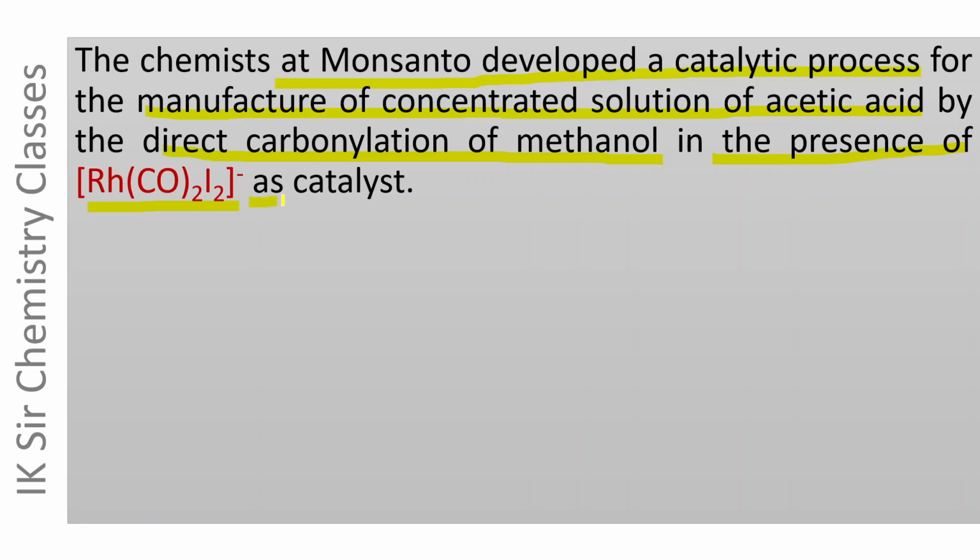This catalyst is used in this process, which was developed by the chemists at Monsanto, and this reaction involves the direct carbonylation of methanol in the presence of this catalyst.